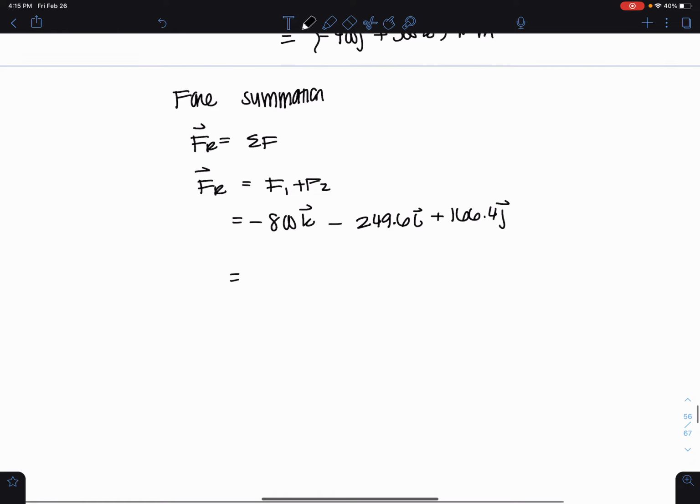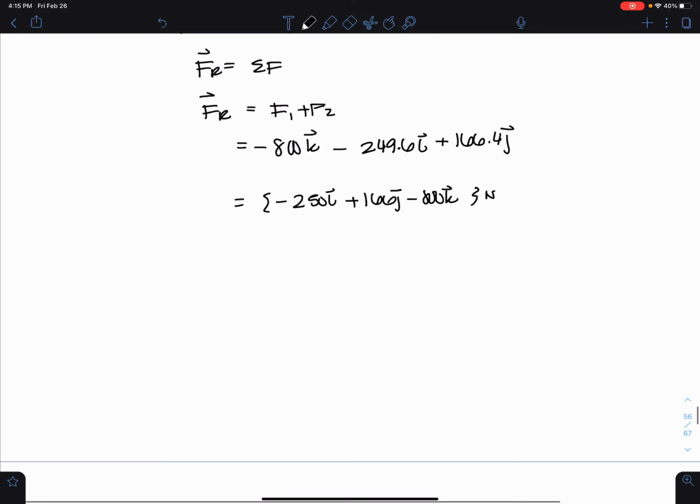And if I add all that up, I get negative 250 in the i plus 166 in the j minus 800 in the k. And that's all in newtons. And now I can do the moment summation here.